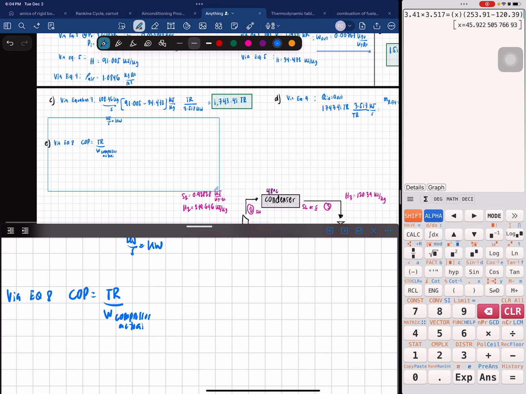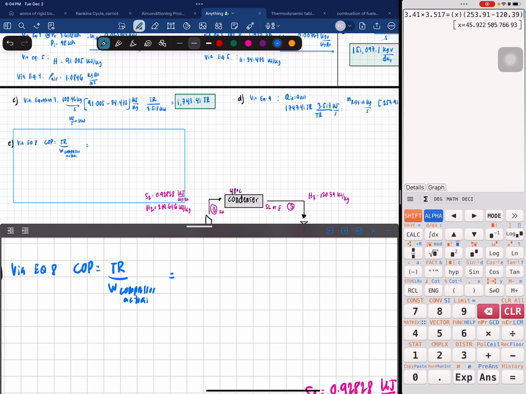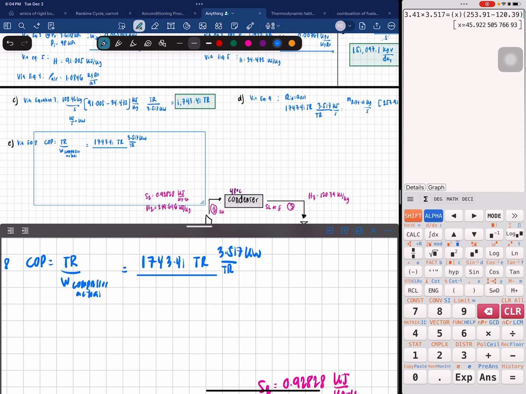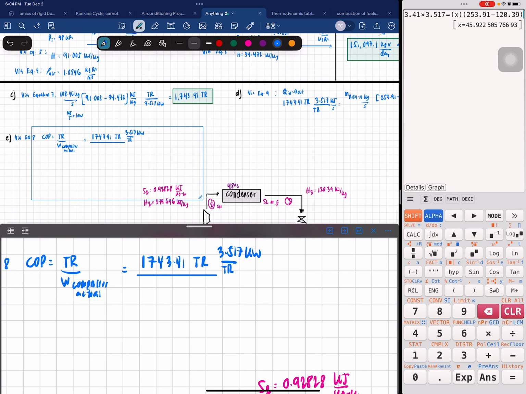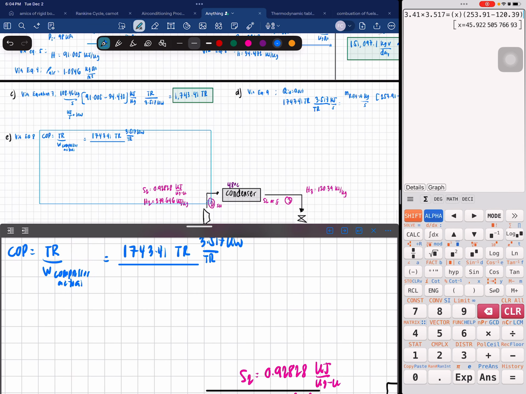It's gonna be equal to 1743.41 tons of refrigeration. And remember that it must be dimensionless, so the units must be consistent. Every 1 ton of refrigeration is 3.517 kilowatts. Work of the compressor, what is the mass of the refrigerant?